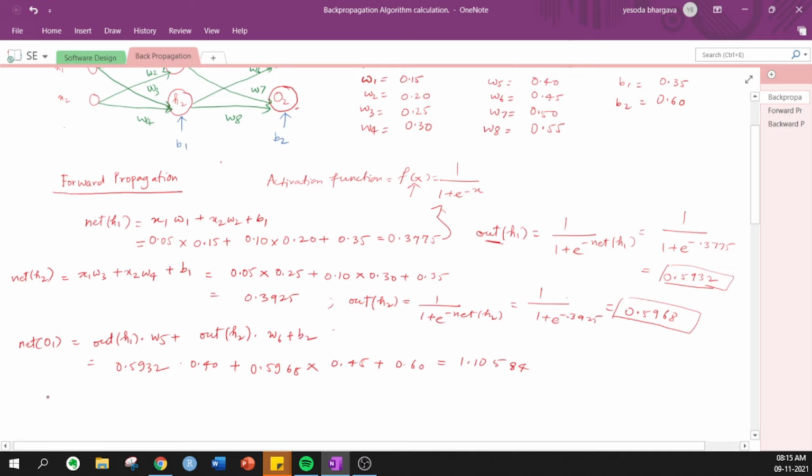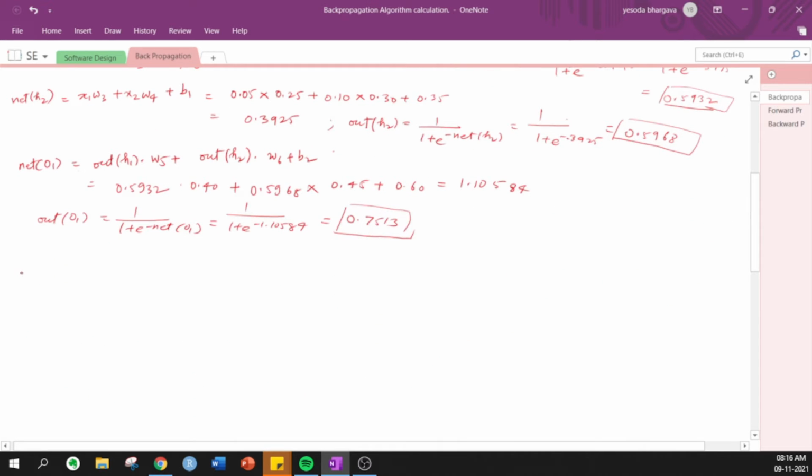Again we squash it using the sigmoid function. So output of O1 is 1 upon 1 plus e raised to power minus net O1, which is 1 upon 1 plus e raised to power minus 1.10584, and it comes out to be 0.7513. So this is the output of the first iteration of the forward propagation.